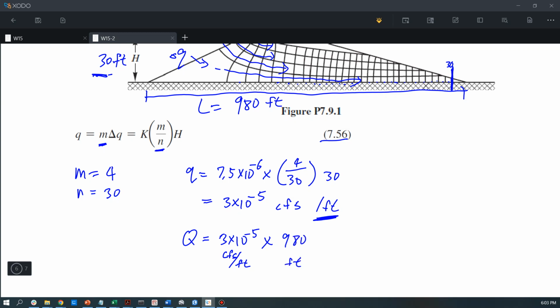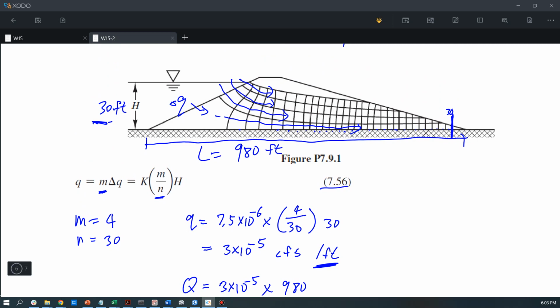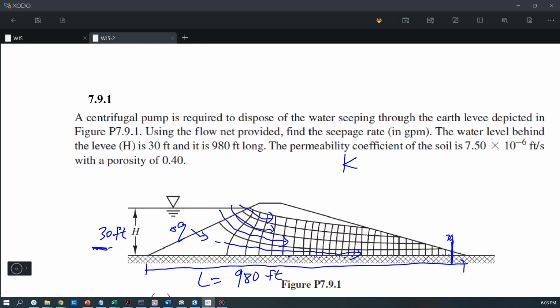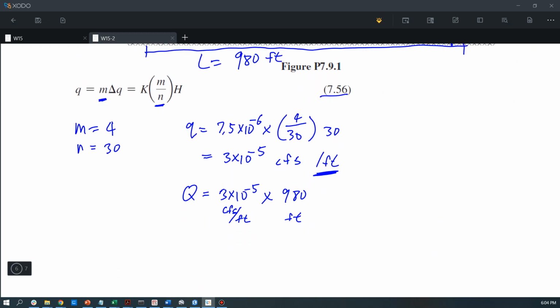So we eliminate this result, but the problem asks us to present the unit in GPM. So let's do the unit conversion from cubic feet per second to GPM. This is 449 GPM per CFS.